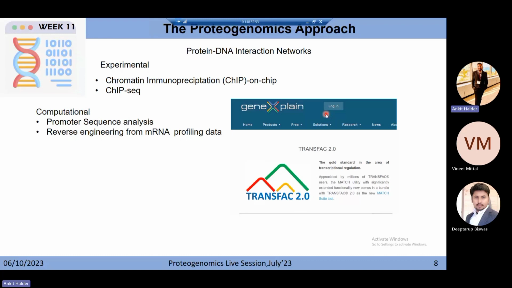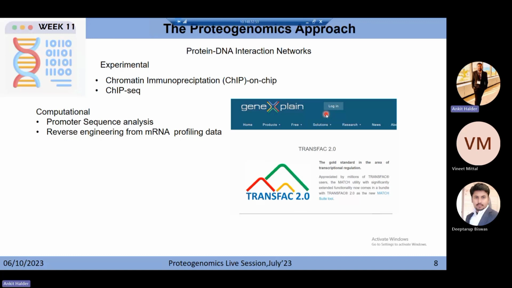Where DNA and protein bind, there will be certain kinds of affinity, and only then can there be certain kinds of interaction. On the basis of that concept, you can do promoter sequence analysis or reverse engineering from mRNA profiling data. And there is software where you can try to find out such interactions, or the known protein-DNA interactions for different proteins or DNAs.